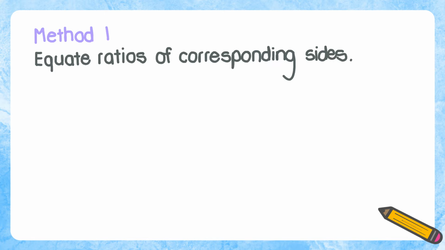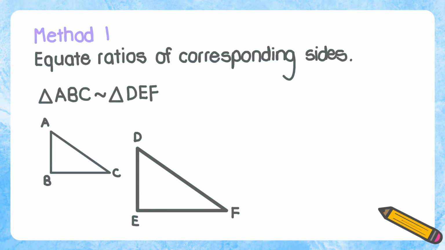So how can we use the idea of proportions to find missing side lengths of similar triangles? We actually have two methods to setting up proportions. So the first method is to equate ratios of corresponding sides. What do I mean by this? So let's say triangle ABC is similar to triangle DEF.